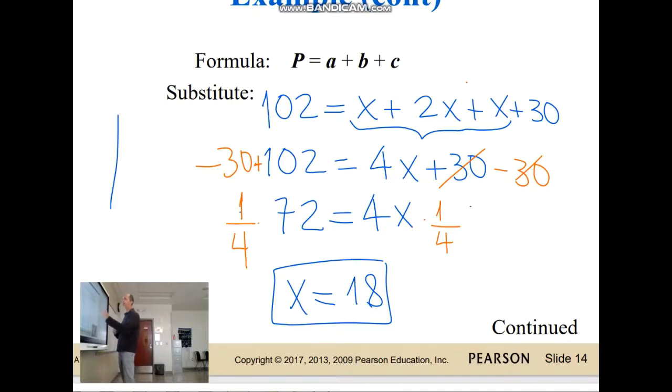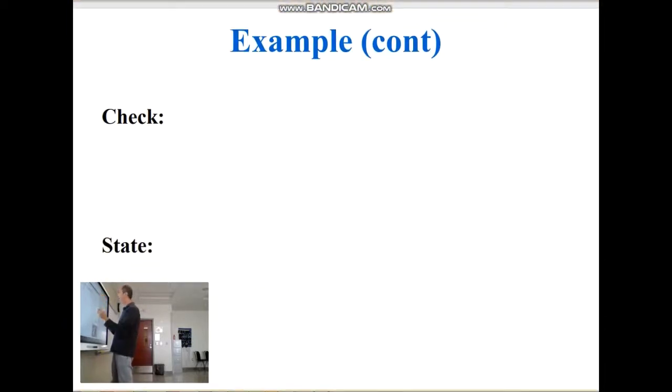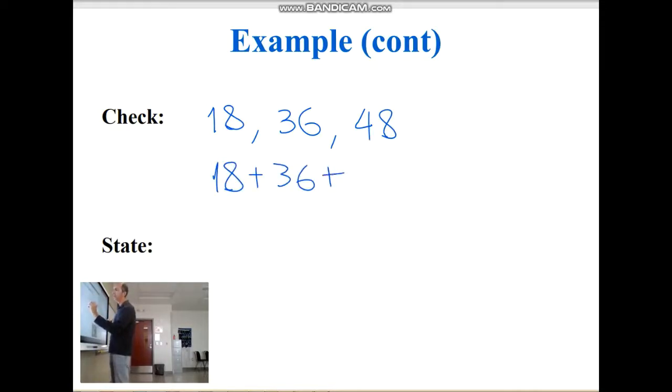Check if you have the right solution here. Well, let's find the solution. The shortest one is x, 18. The other side is twice 18, which is 36. And the third side is 18 plus 30, which is 48. Right? So add 18 plus 36 plus 48, and you will find 102.